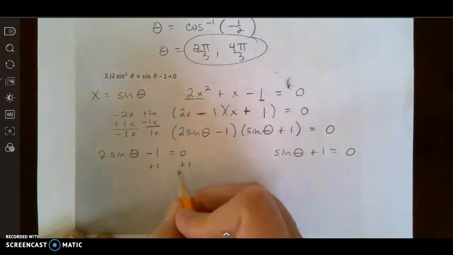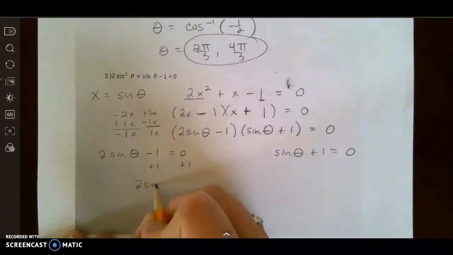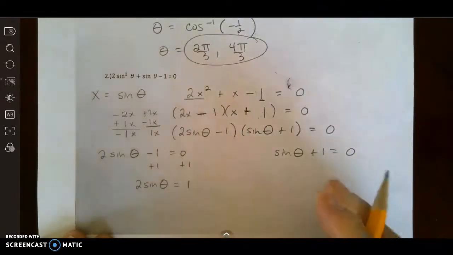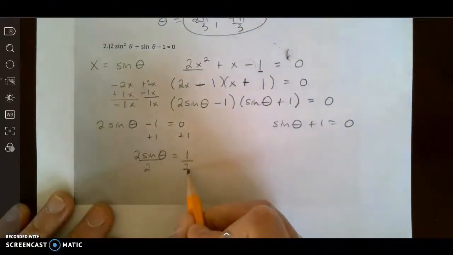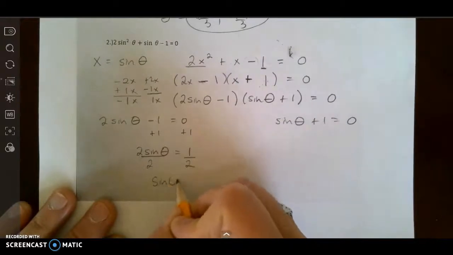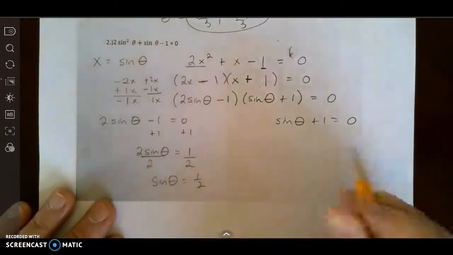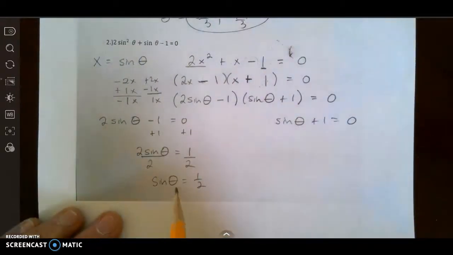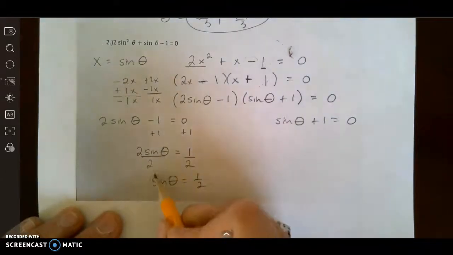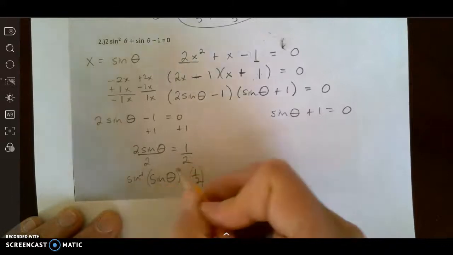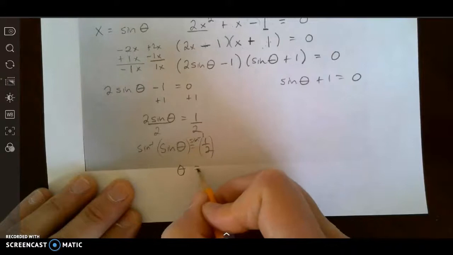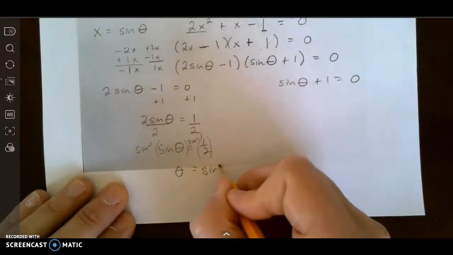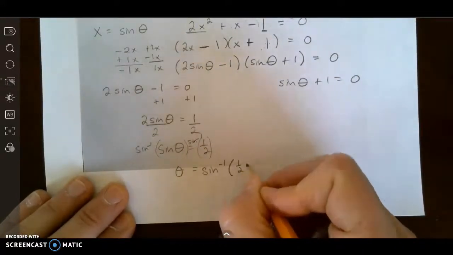Add 1, and I get 2 times the sine of theta equals 1. Divide by 2. Sine of theta equals 1/2. And then to solve for theta, I take the inverse of each side. And I get that theta equals the inverse sine of 1/2.